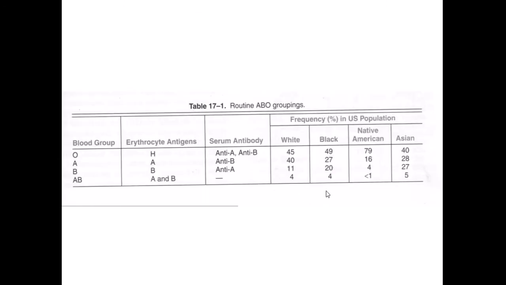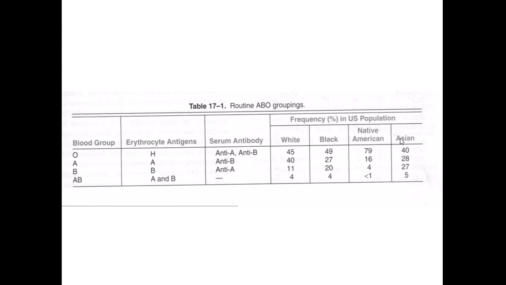So the most common blood group, if you do statistics, is blood group O. For example, in Native Americans, around 79% of the people there are blood group O. And the same thing when you talk about Asian communities, for example, around 40% of people are blood group O, followed by blood group A, and then blood group B, and the rarest one is blood group AB.